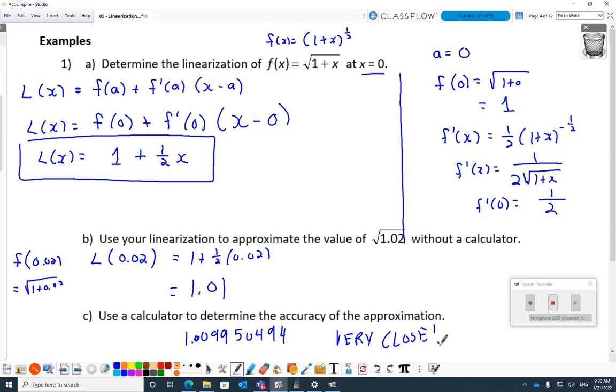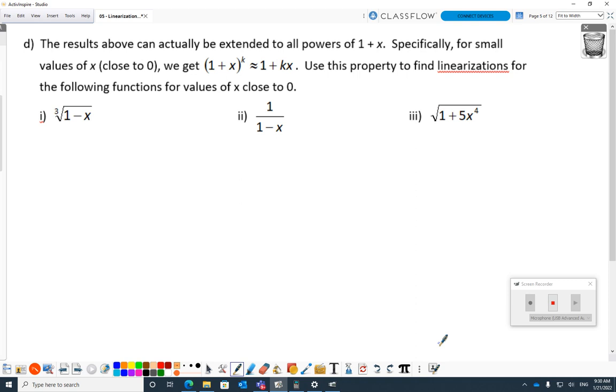And any linearization of 1 plus x can be easily proved, and we don't prove it here. I say easily. It's a little time consuming, but it's pretty easy. That any 1 plus x with any power, this particular one I did had power 1/2, but any of those can be just approximated with 1 plus kx. Not that hard to do, actually. Little derivative work and so on. You can prove it's always true.